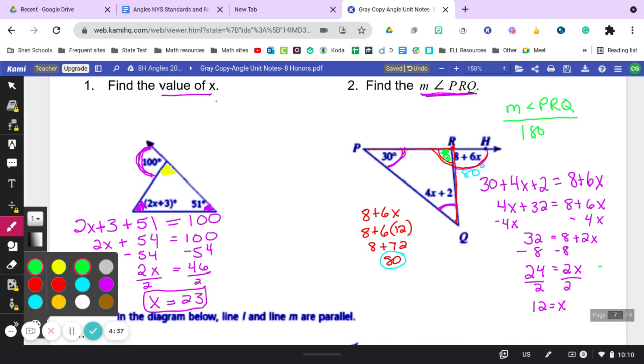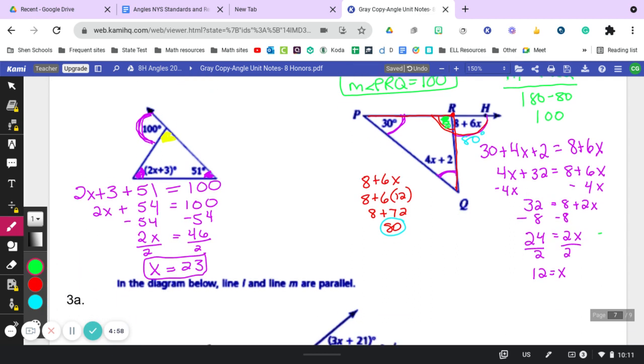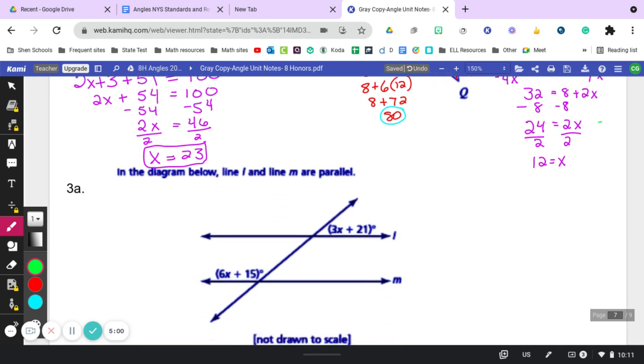So if I do 180 minus 80, I'm going to get the measure of that to be 100 degrees. So the measure of angle PRQ equals 100 degrees is my final answer. Notice I really had to understand all of the angle relationships in that triangle to be able to solve for that angle.